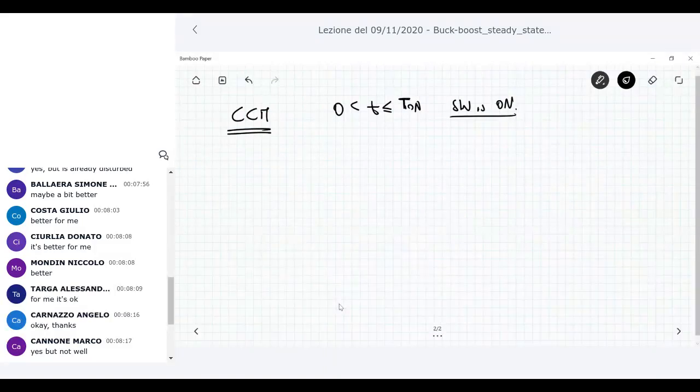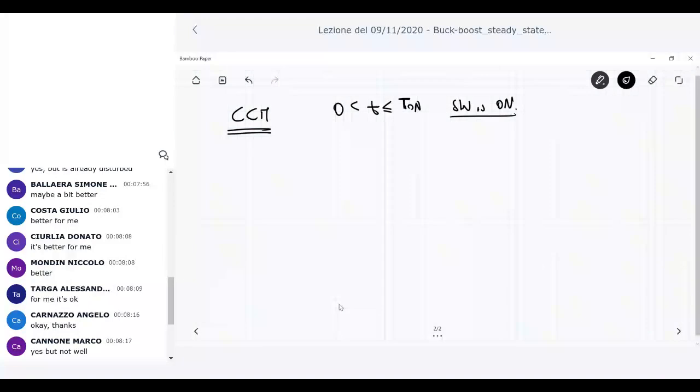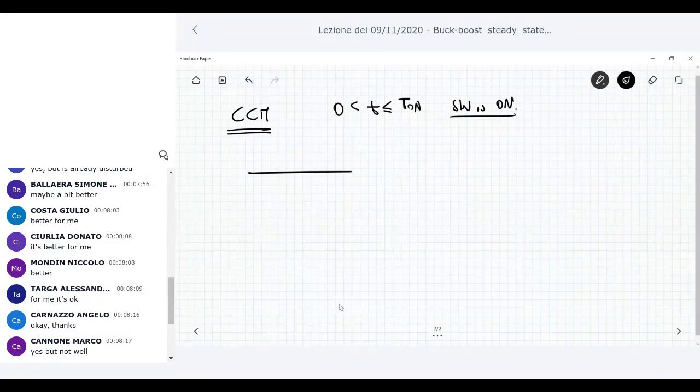With all the usual simplifications, in which an on switch is a short circuit and an open switch is an ideal open circuit, we can rewrite our circuit in this way.